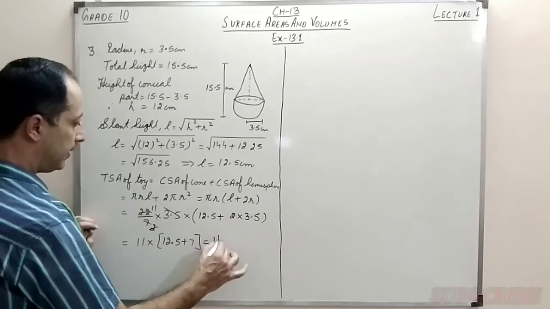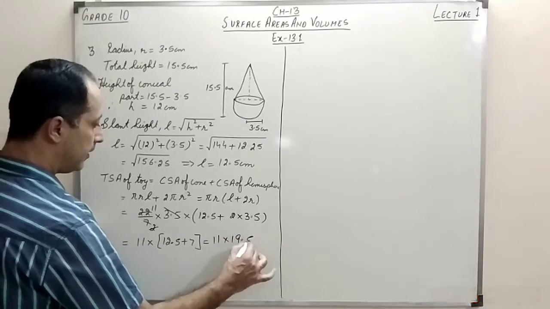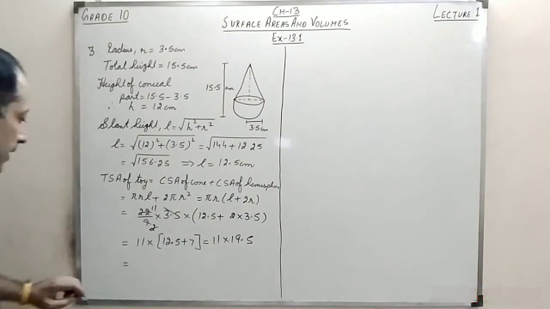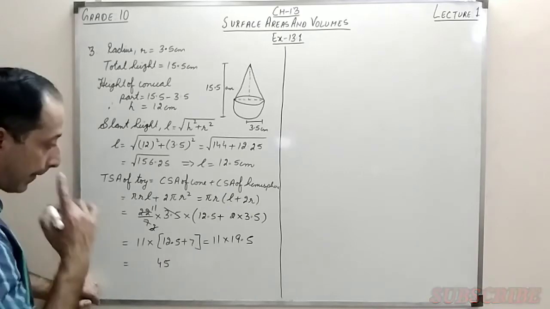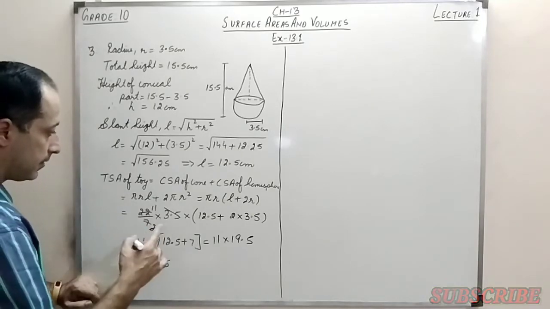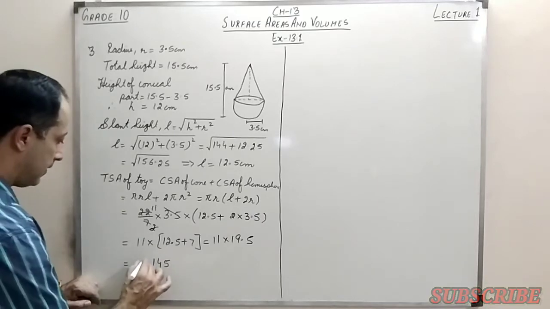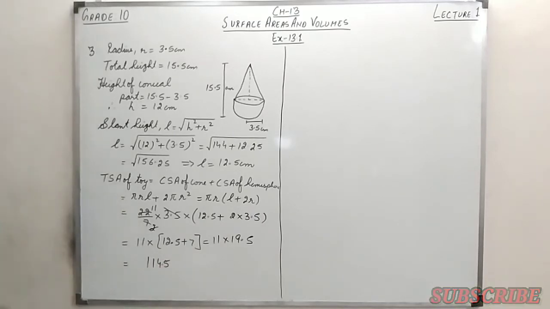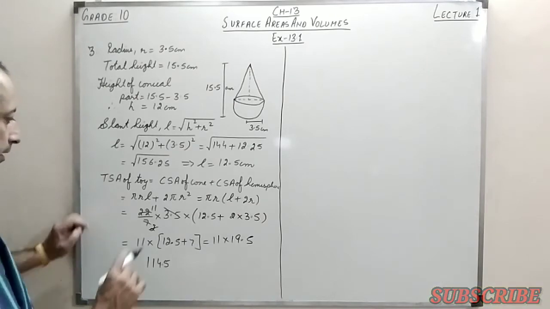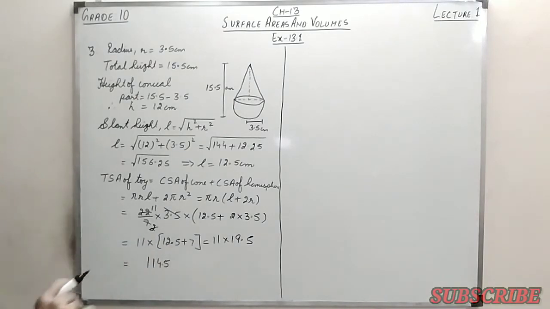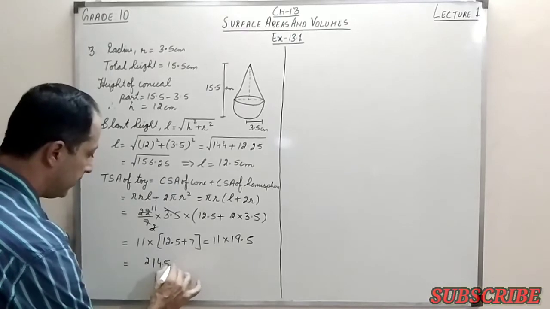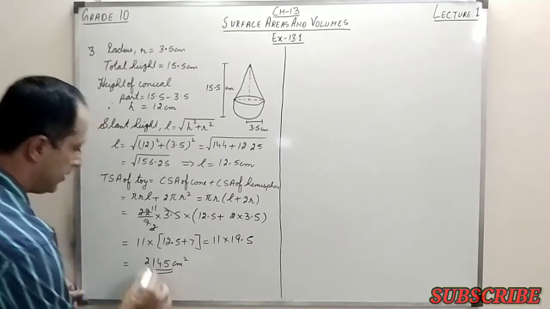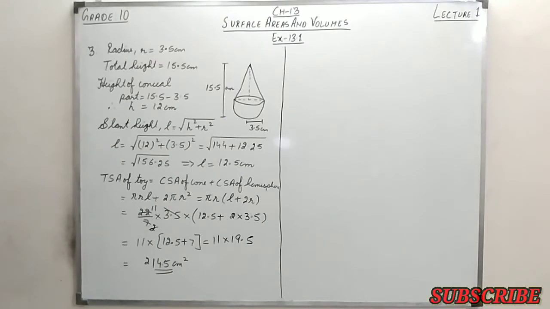So this is 11 into 19.5. So we multiply this now. There is some mistake. Let me take it once again. This is actually 214.5 centimeter square. So this is the total surface area of the combined object.